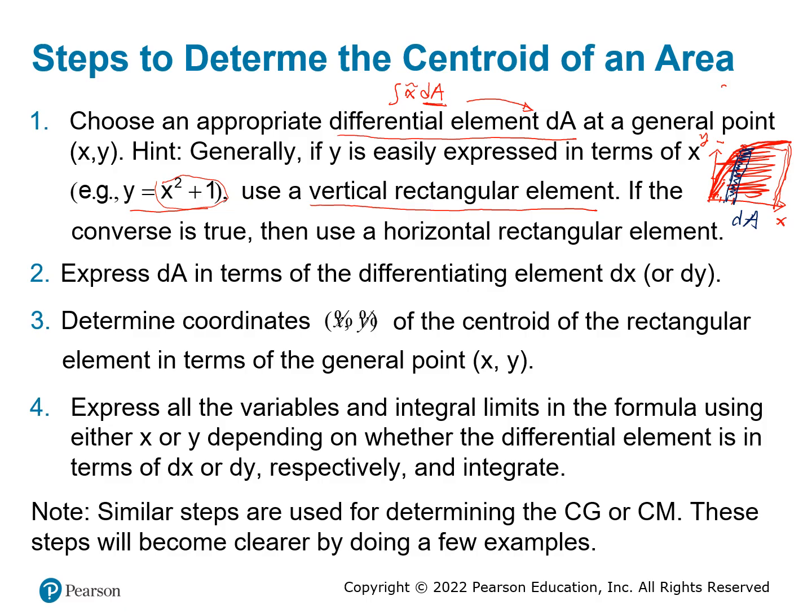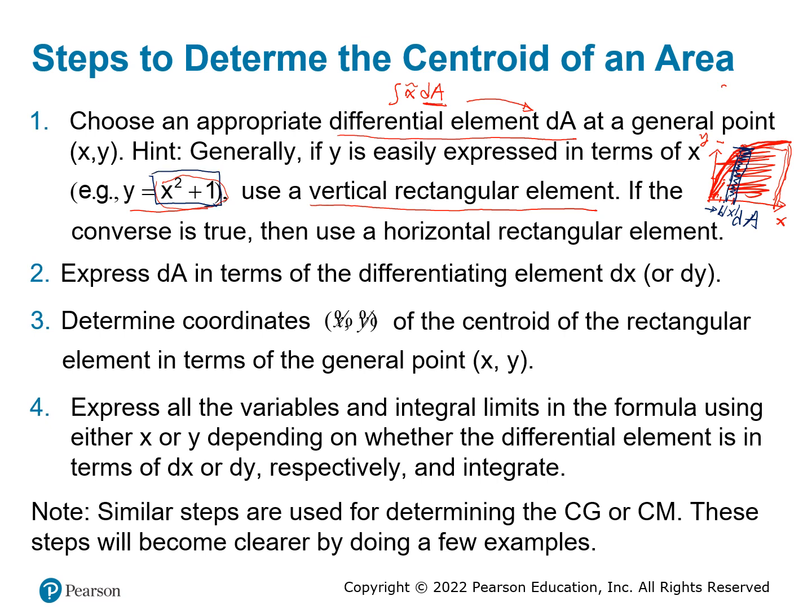Well, just assume this is a rectangle. At the bottom, this is just a dx, a small amount of x. But what is the y? The y is determined by this equation right here.